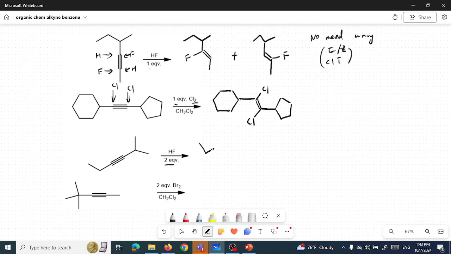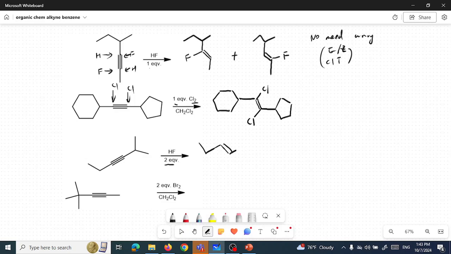Now here's where you want to draw the product. Keep the carbon chains as they are, but change the triple bond into a double bond and make sure you form an angle.